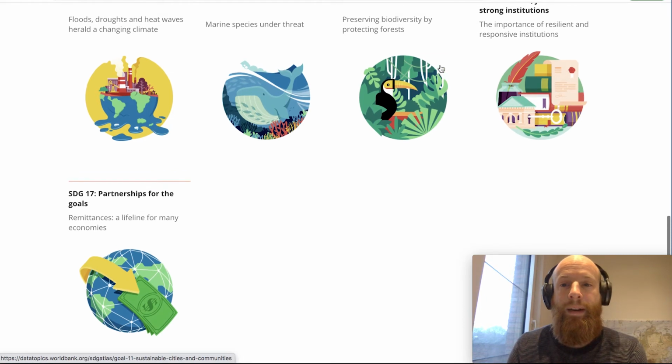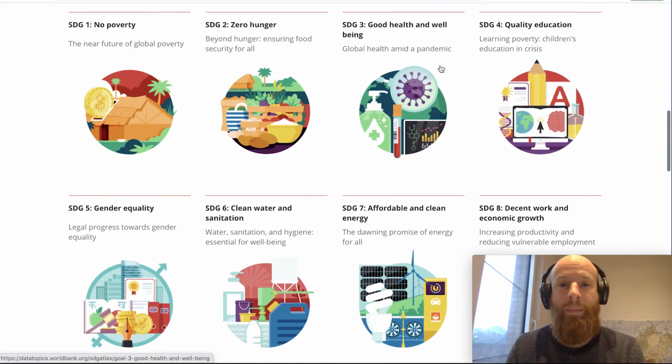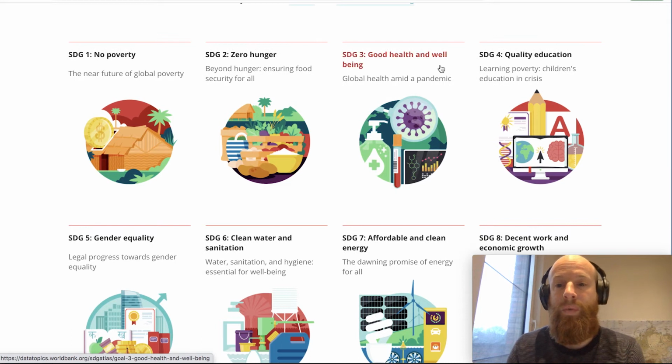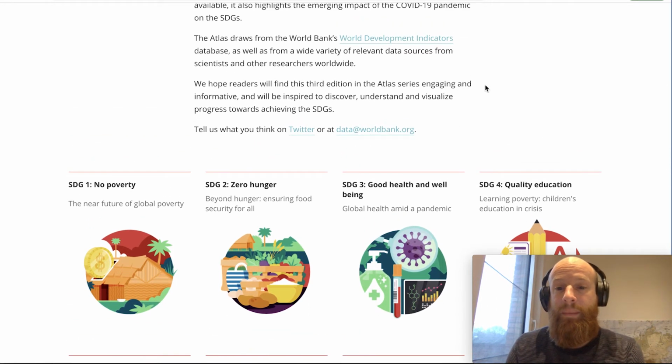So I'll highlight only some of them in this session, but I really invite you to go through some of these stories. They are very data-driven with a lot of visualizations, so they are quite easy to consume. In fact, this was the first time that the World Bank decided to publish a publication online only. So there is no printed atlas. There is also no PDF that you can download.